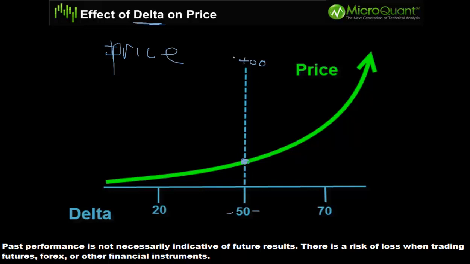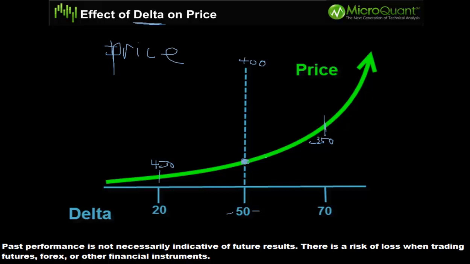If the current price is at 400, but the strike price of the option is, say, 350, it's in the money, and our delta is going to be 70. And if the strike price that we're looking at is, say, 430, and the price of the underlying is at 400, this is out of the money. This is for a call.